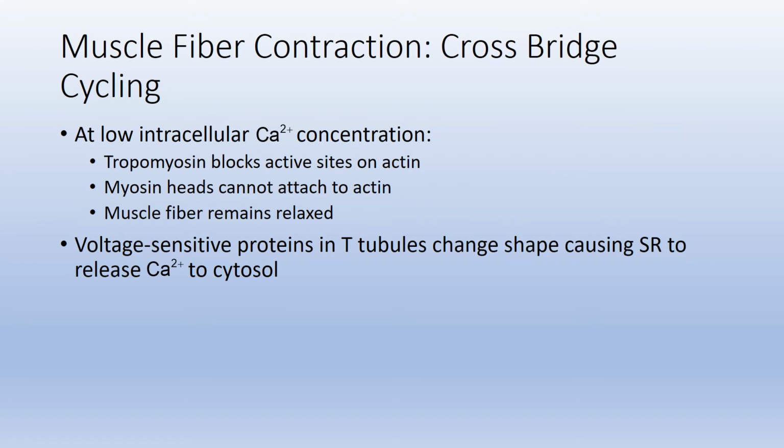And also at low calcium levels, the muscle fiber is relaxed. It is not contracting. Remember, calcium is stored in the sarcoplasmic reticulum of muscle fibers. In response to an action potential, the sarcoplasmic reticulum will release calcium, and we will see in just a moment what that calcium does.